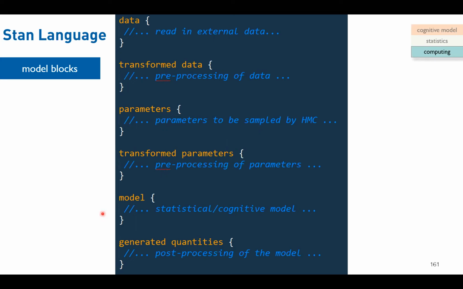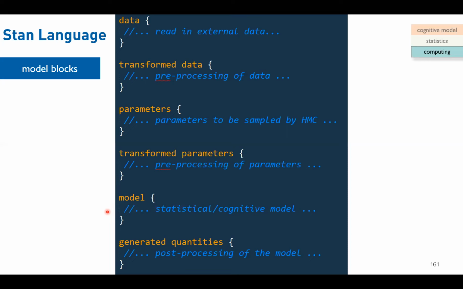The next important block is the model block, and this is actually the central part of the Stan language. Data is data: we just define what we know already, the data we collected. Parameters is to define how we want to name the parameters, and nothing really interesting, right? The interesting part is the model block. Here we define both the cognitive model and the linking observation model.